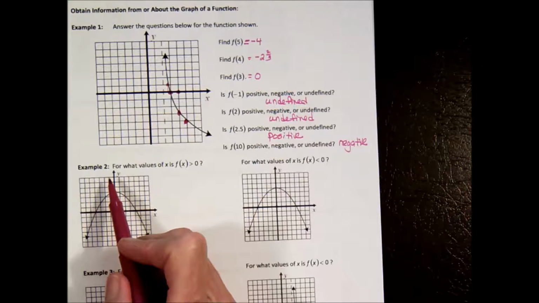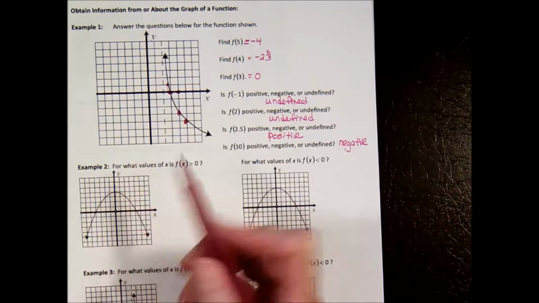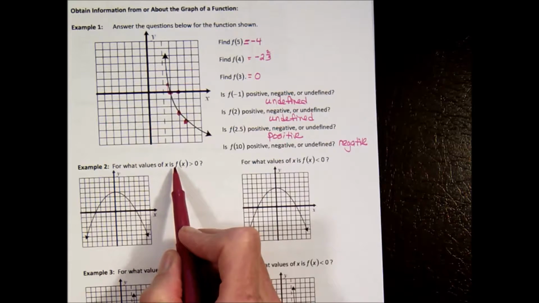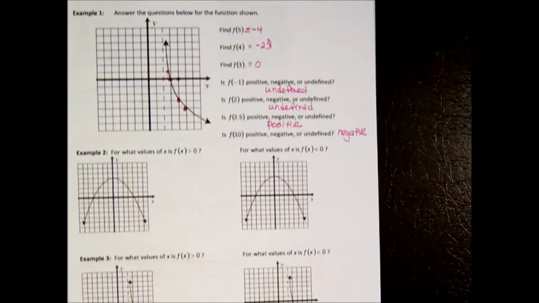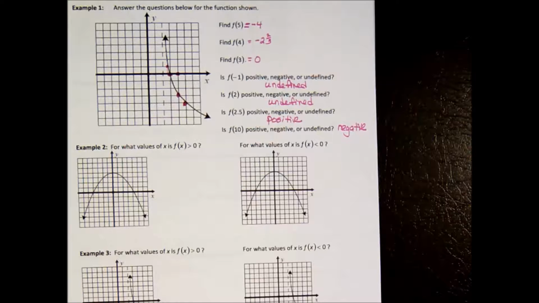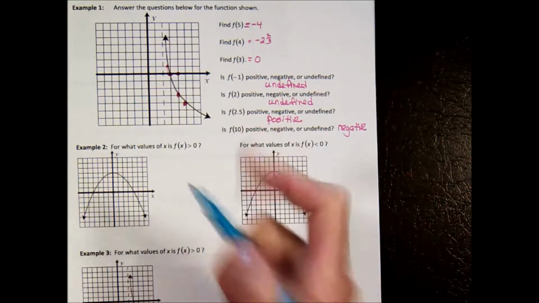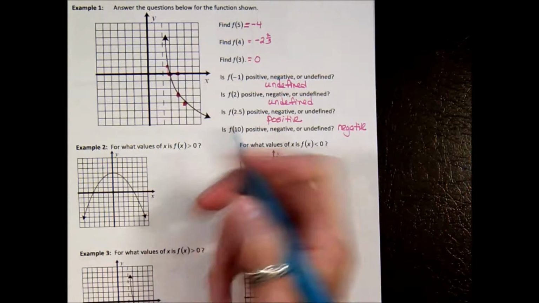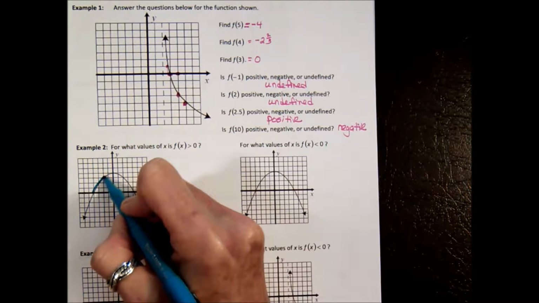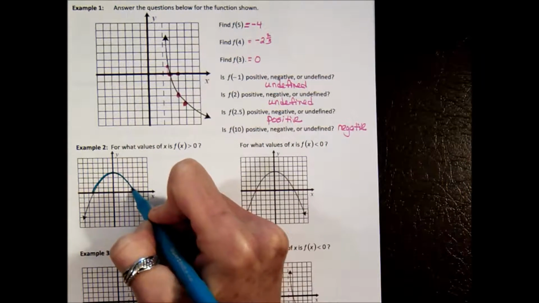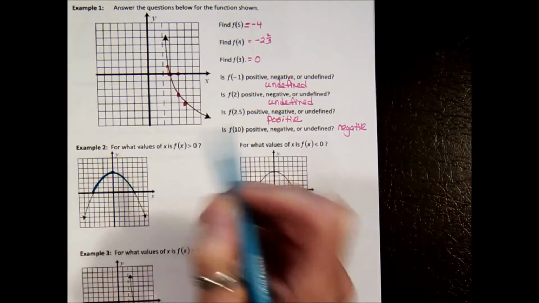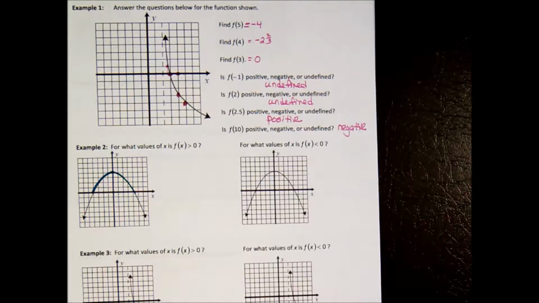Example 2, it says, for what values of x is the function, which is f of x, greater than 0? Well, I'm going to use a different color so you can actually see it a little bit better. The function is greater than 0, meaning positive, right here. So the question is, for what values of x is that true?